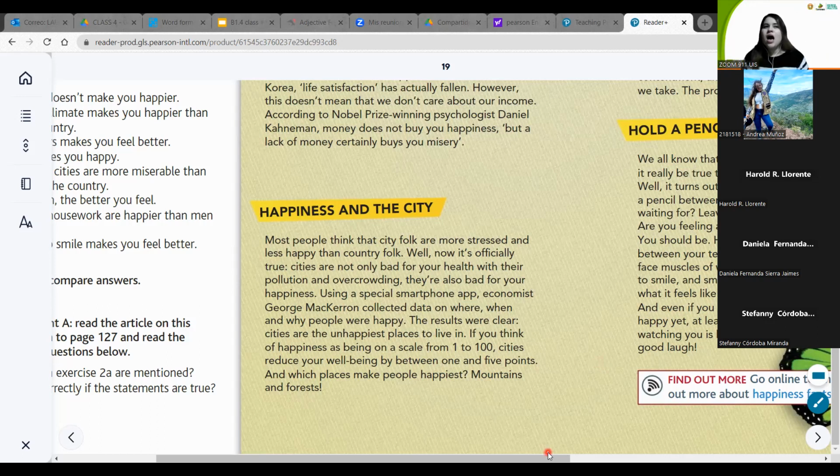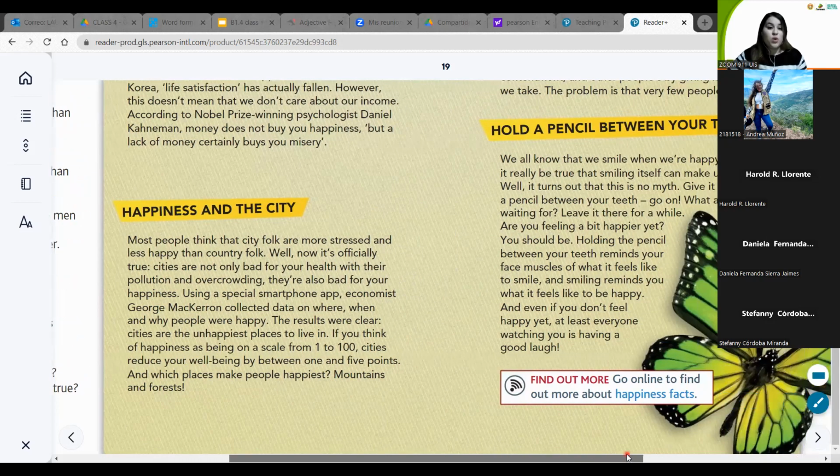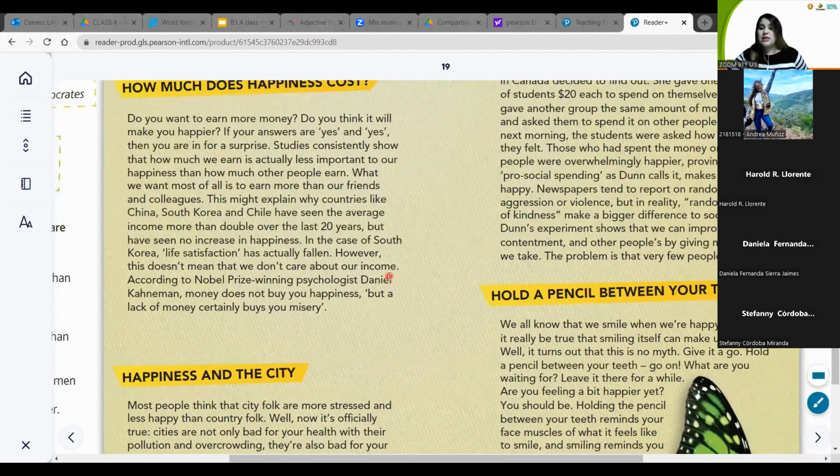But it wouldn't be easy for me to adapt to living in the countryside. It would be hard. But we do agree that city people are more stressed and less happy than country people.